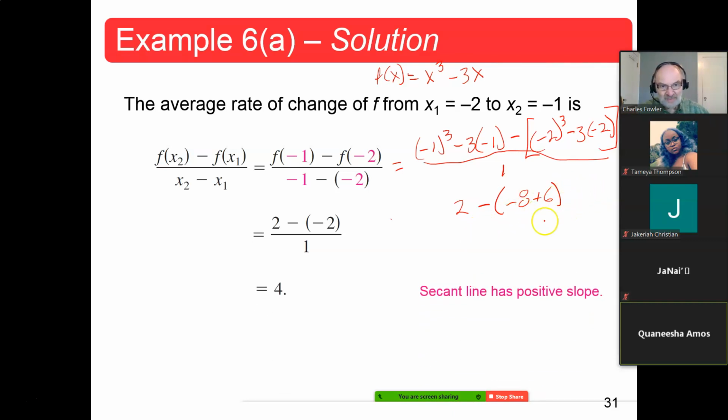So this would be 4 over 1, which is 4. So we got the same thing. Average rate of change between x2 and x1, that's what that is.